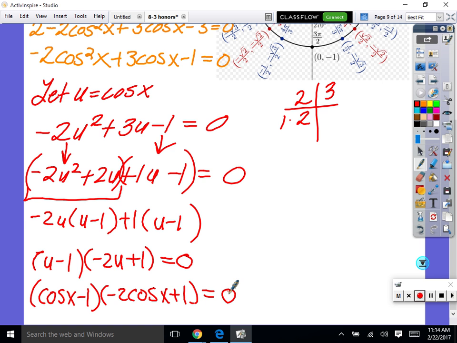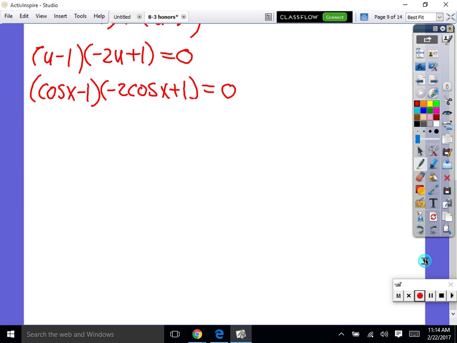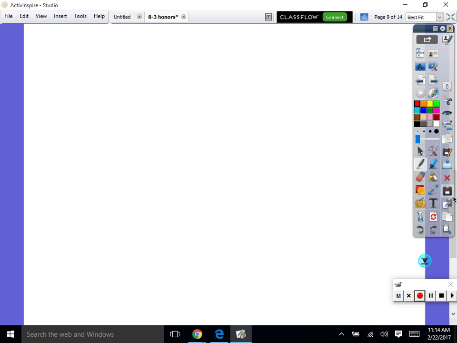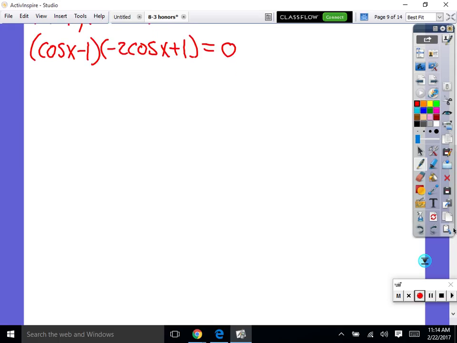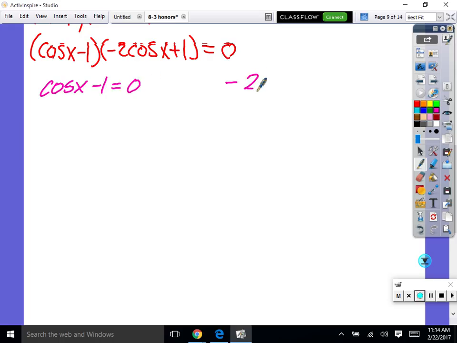Now that we've factored it, we can set each of those equal to 0 and solve. Cosine of x minus 1 equals 0. Negative 2 cosine of x plus 1 equals 0. So we are saying, when does cosine of x equal 1 on the unit circle? Cosine has an interval from 0 to 2 pi, right?